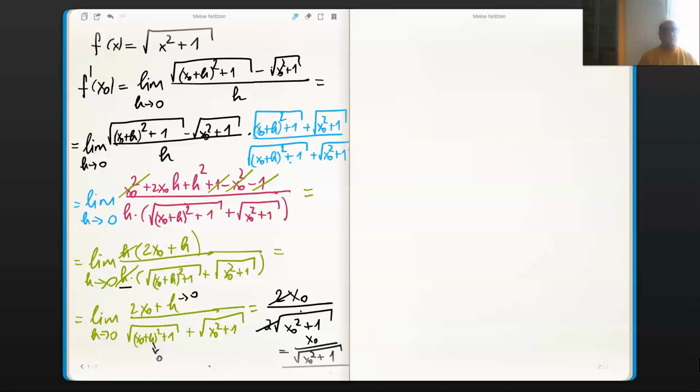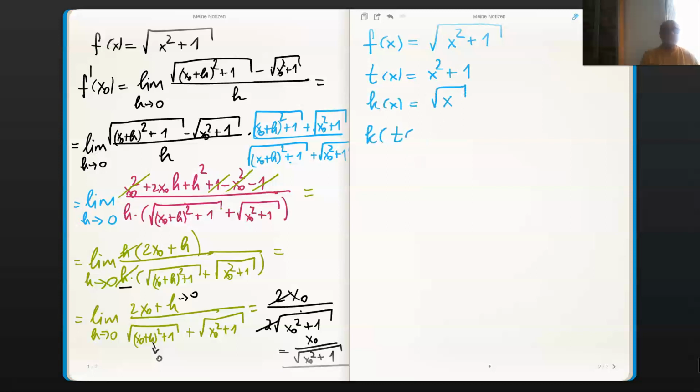So maybe what you can see is that our function consists of a few layers. We have a few functions put together. So our function f of x, equal to the square root of x squared plus 1, consists of t of x, which is the parabola x squared plus 1, and it also consists of k of x, which is the square root of x.